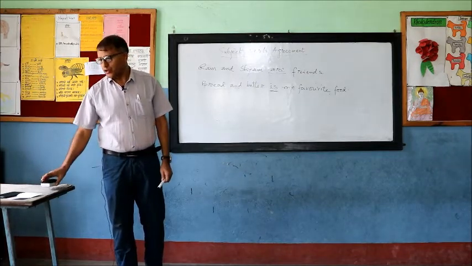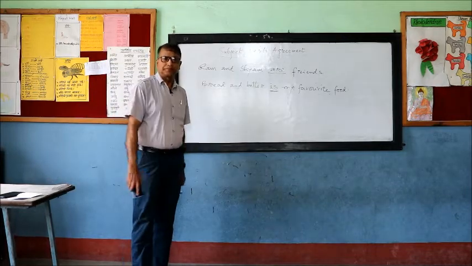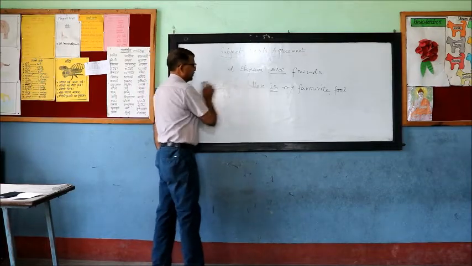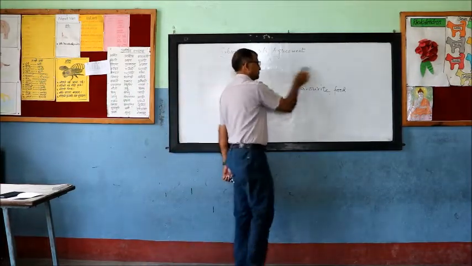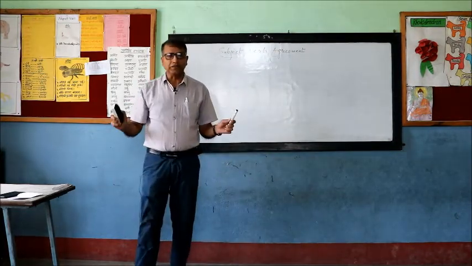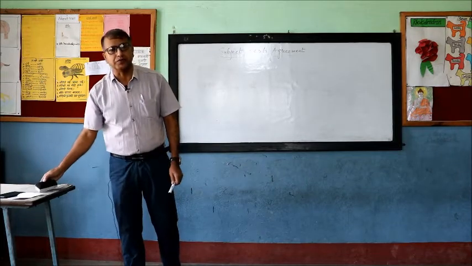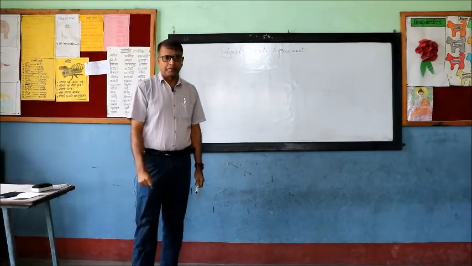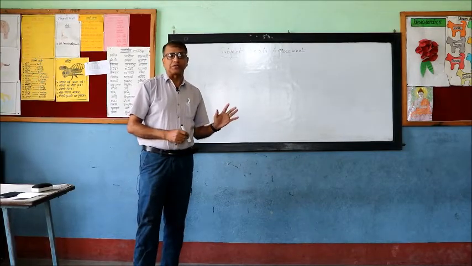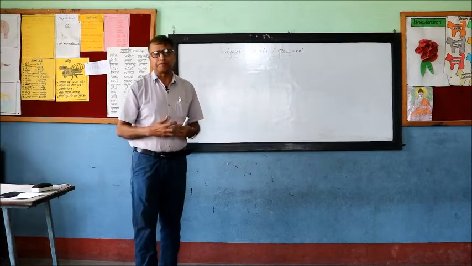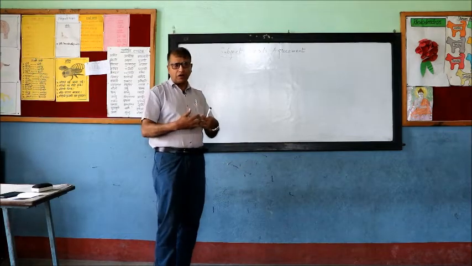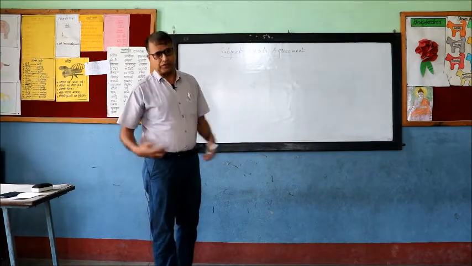Now, let me go with other things. Now, let's talk about collective noun. What we do if we find collective noun as the subject of a sentence. If we find collective noun as a subject of the sentence, then we have to see whether there is oneness in that collection or there is division in the collection.